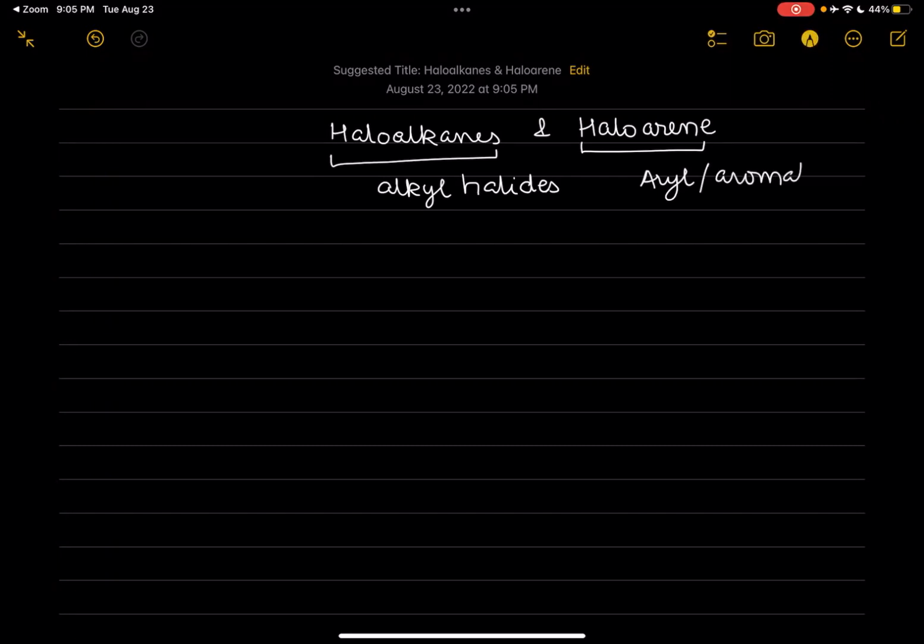Aryl halides are bonded with an sp2 carbon, right? Yeah. Exactly. But you need to add something a little bit more.